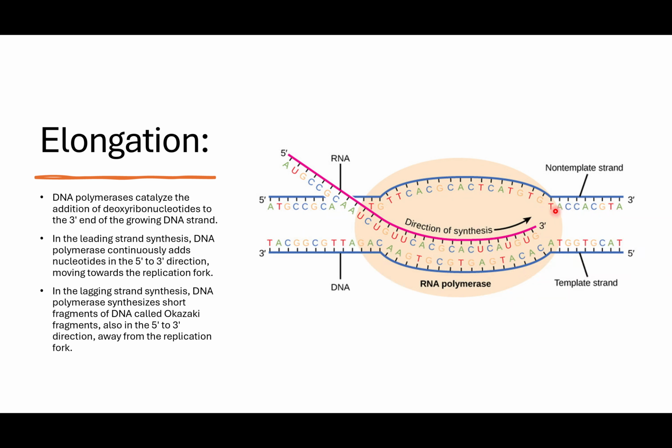So for the leading strand synthesis, DNA polymerase continuously adds nucleotides in the 5' to 3' direction, moving towards the replication fork. We're going to be looking at another diagram. And on the lagging strand, the DNA polymerase synthesizes rather short fragments of DNA called Okazaki fragments, also in the 5' to 3' direction, away from the replication fork.